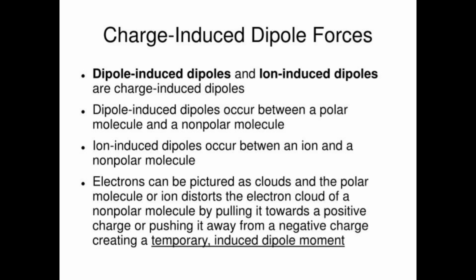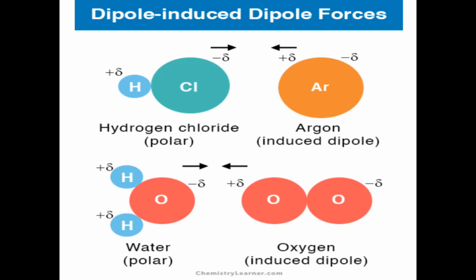Dipole-induced dipoles occur between a polar molecule and a non-polar molecule, while ion-induced dipoles occur between an ion and a non-polar molecule. Electrons here can be pictured as a cloud, and then the polar molecule or ion distorts that electron cloud of a non-polar molecule by pulling it away towards a positive charge or pushing it away from a negative charge, creating a temporary induced dipole moment.